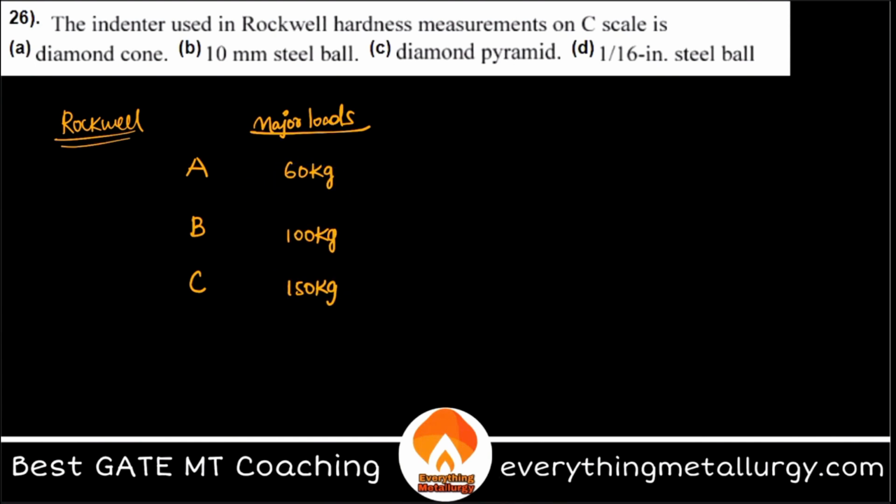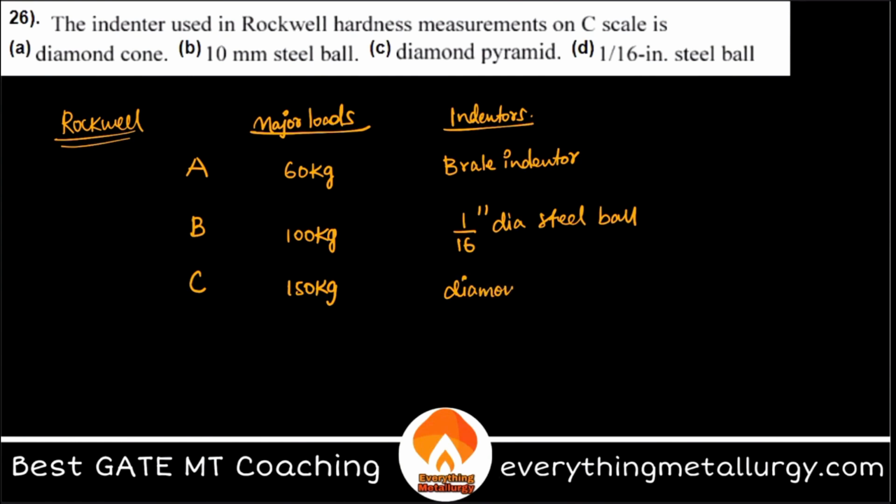And what are the indenters? In Rockwell A scale, you use something called a Brale indenter, whereas in Rockwell B scale, you use a steel ball, 1/16 inch diameter, and C scale uses a diamond cone with a rounded tip actually.